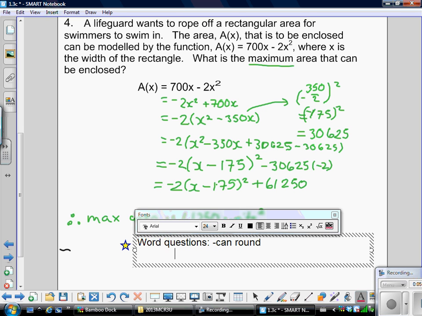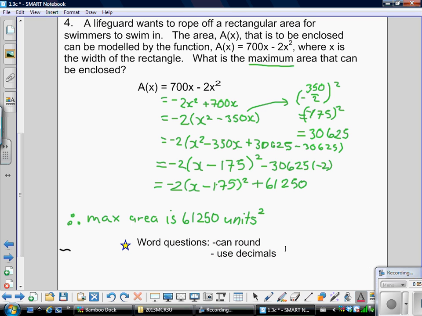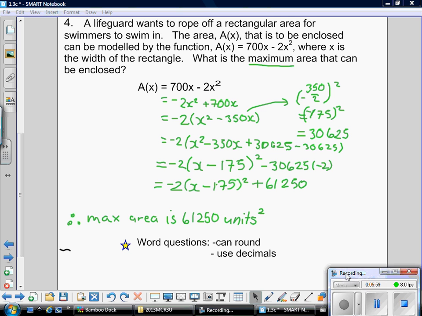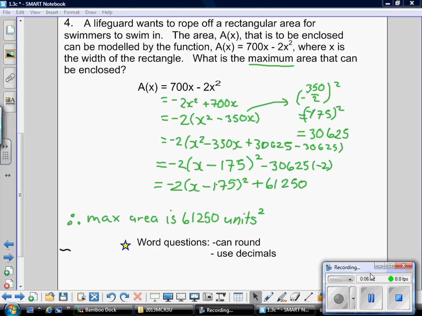You can round, which means you can use decimals. Now, obviously, this question didn't require me to round or use decimals, but if I'm factoring out a decimal number to begin with, obviously that's going to create more of a mess. So that makes your life a little bit easier if you can round and use decimals. Okay, so lots of questions to do tomorrow.